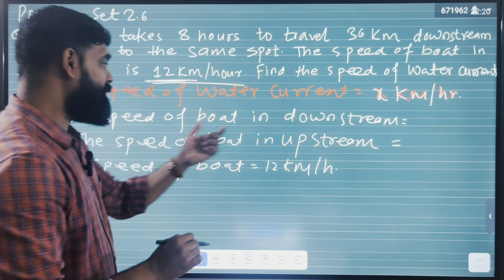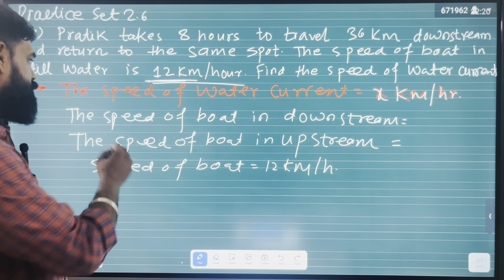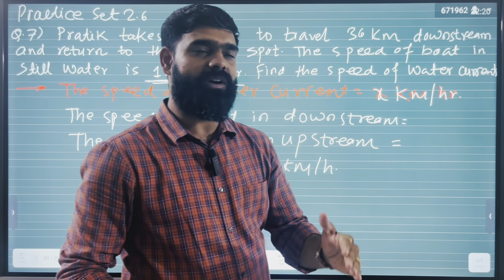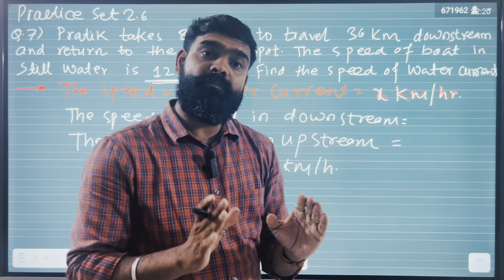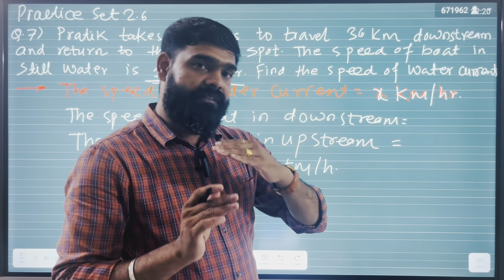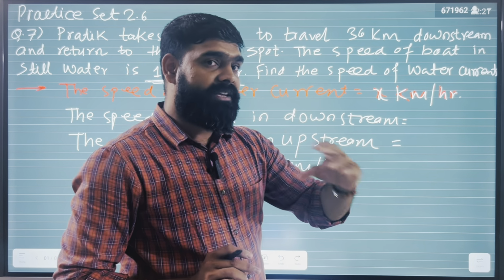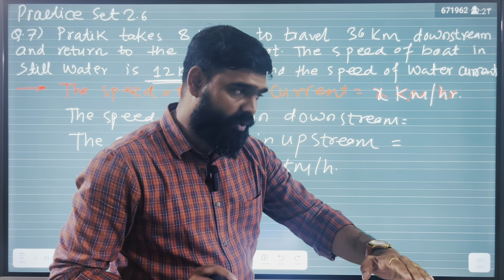Now we have to make this expression. So the speed of boat in downstream means what? He is traveling with the river. The speed of boat is already 12 kilometer per hour. If Pratik is traveling with the river, the boat is adding the speed of the water current also.